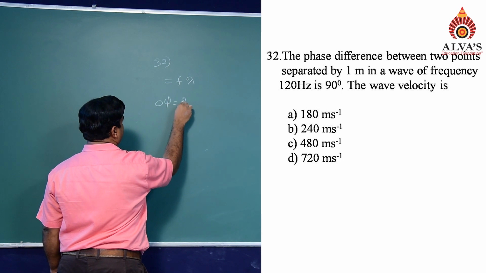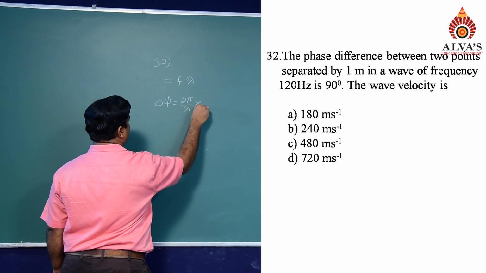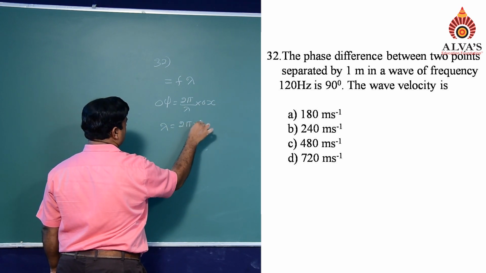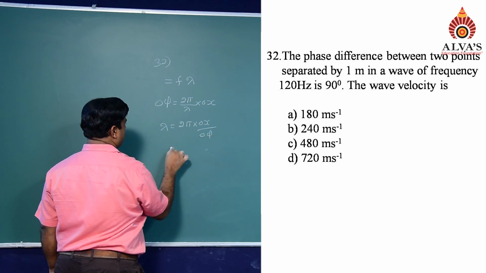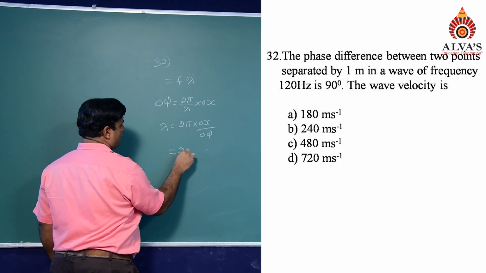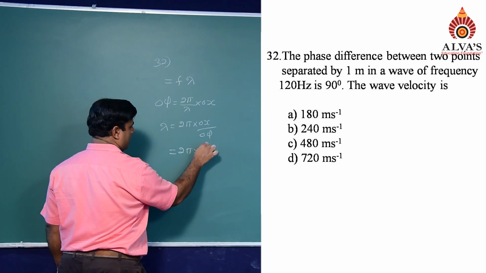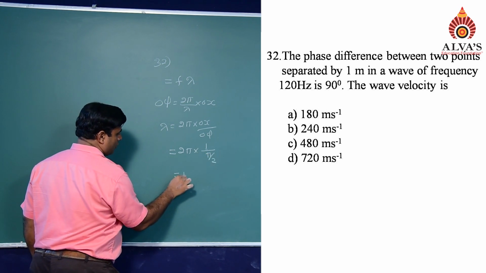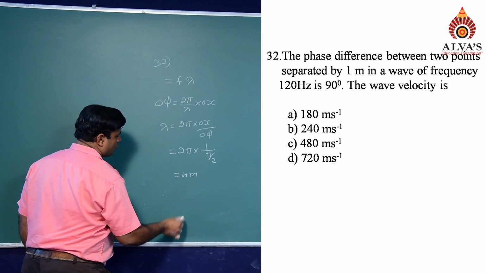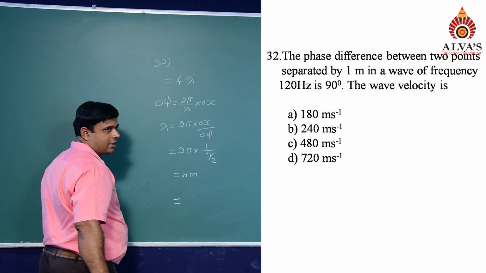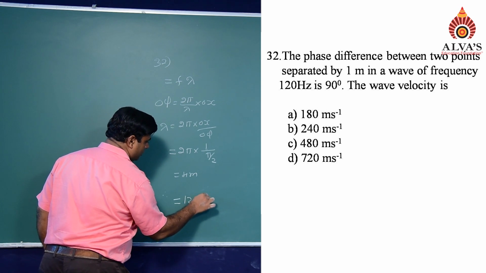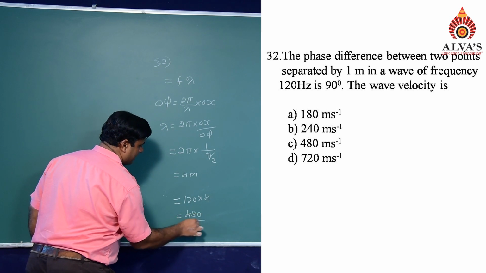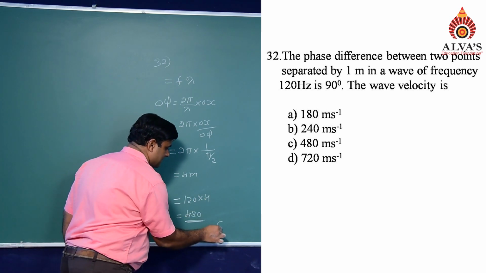Phase difference is given by 2 pi by lambda into path difference. Therefore, lambda is 2 pi into delta x by delta phi, which is equal to 2 pi into path difference 1 meter, phase difference 90 degree, equal to pi by 2, which gives 4 meter. Therefore, wave velocity equals f 120 into lambda 4, which is equal to 480. So, the answer is C.